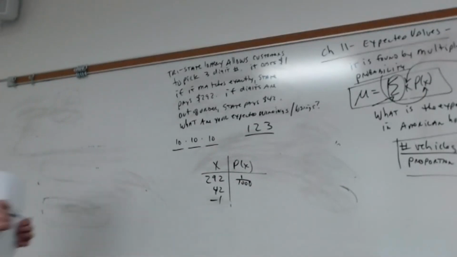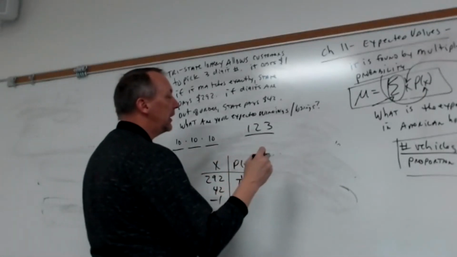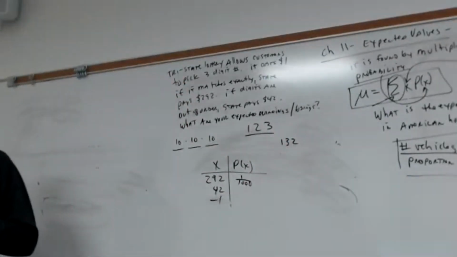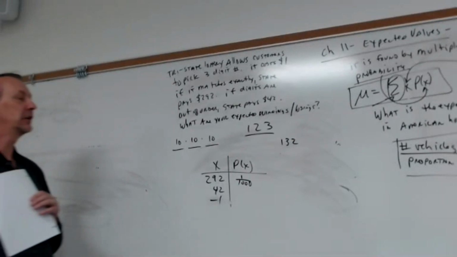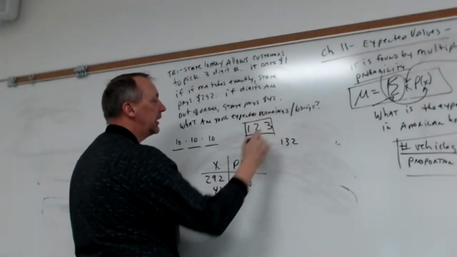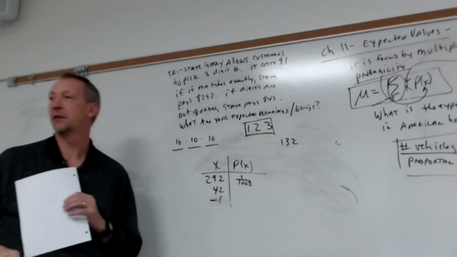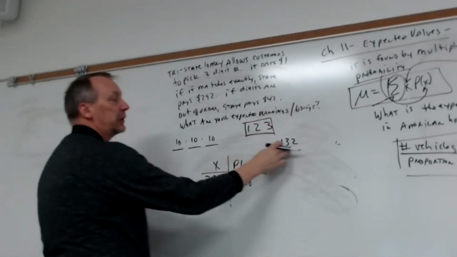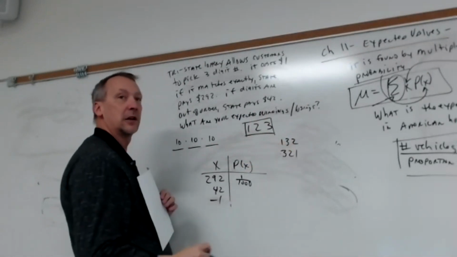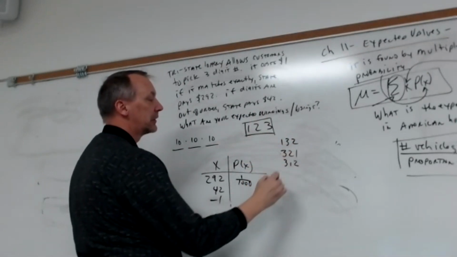Now let's say that rather than 1, 2, 3, they pick 1, 3, 2. How much money is she going to win? $42. Now, what are all of the possibilities besides 1, 2, 3 of using those numbers? There's 1, 3, 2. There's 3, 2, 1. There's 3, 1, 2.